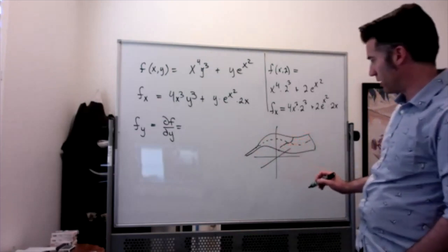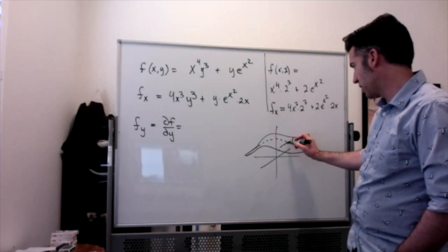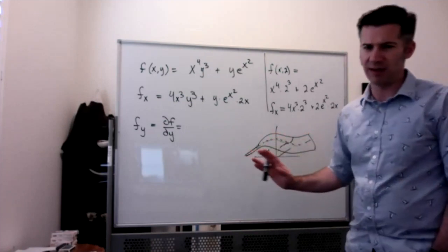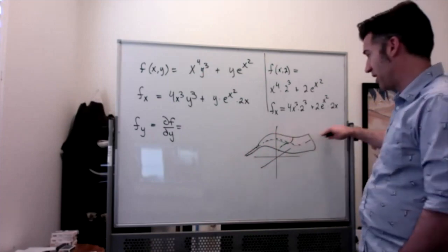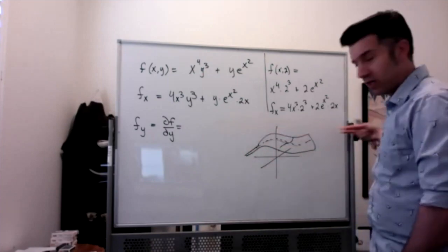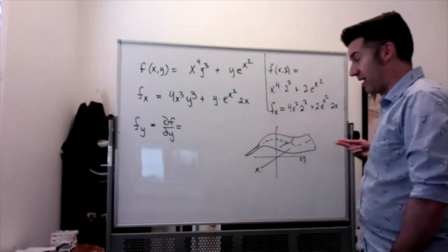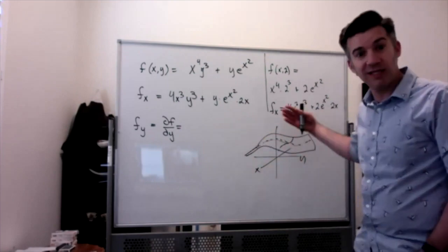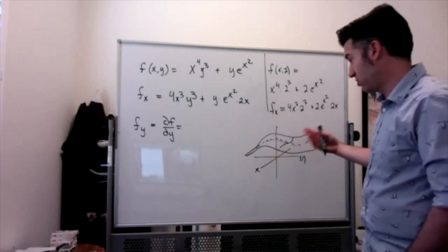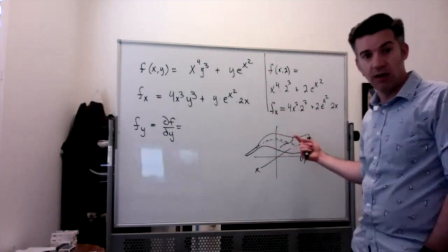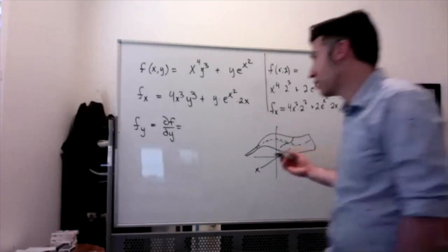If I'm moving along this line on the surface, I'm moving in the y direction. The x value isn't changing, I'm at some set x value. So the partial with respect to y is just going to be whatever the slope is in the y direction.